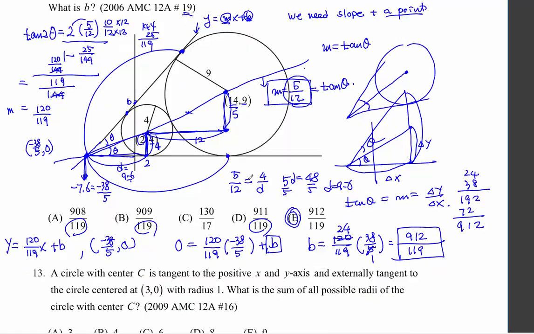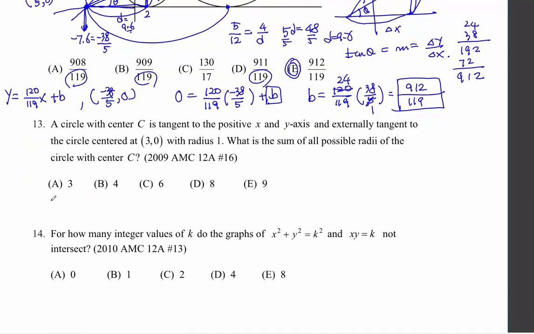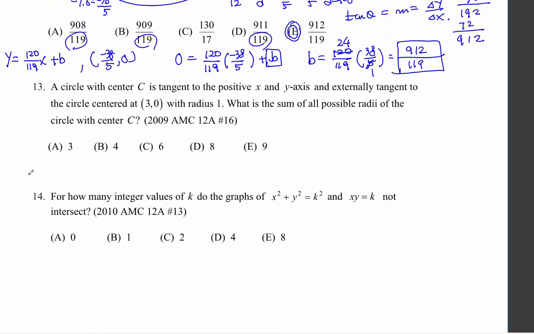Now move on to number 13. A circle with the center is tangent to the positive x-axis, externally tangent to... No figure again? So in AMC, we need to draw it many times.